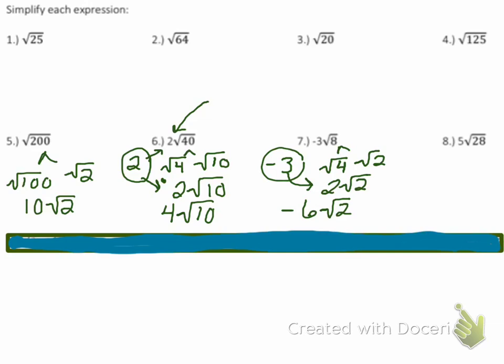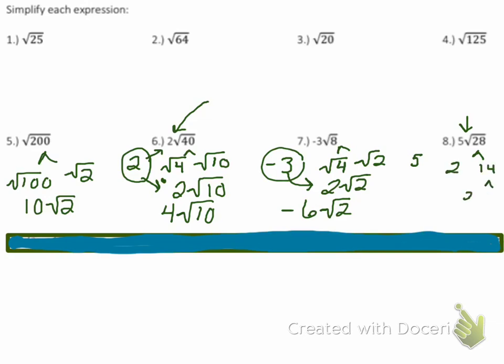Just in case this isn't making sense, let me show you the factor tree method one more time in number 8. Again, I'll bring that 5 off to the side, that's the coefficient here. So let's factor tree the 28. I always like to start with really small numbers. I know 28 is even, so that's 2 and 14.